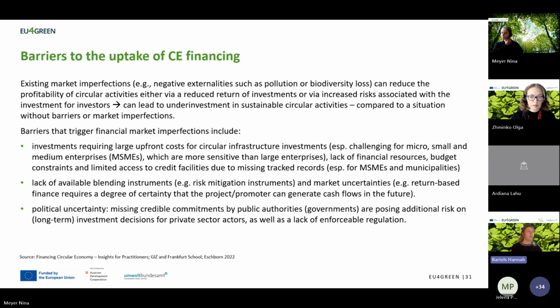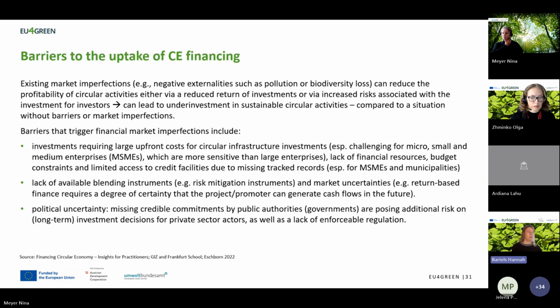In addition, we have identified a lack of available blending instruments, which Nina has also touched upon before, when it comes to risk mitigation, as well as market uncertainties. Those are, for example, related to uncertainties around future generation of cash flows in regard to projects that are financed. And we have the presence of political uncertainty.